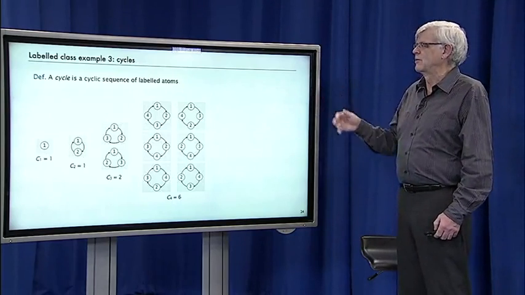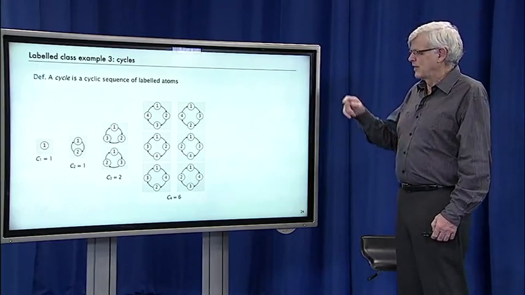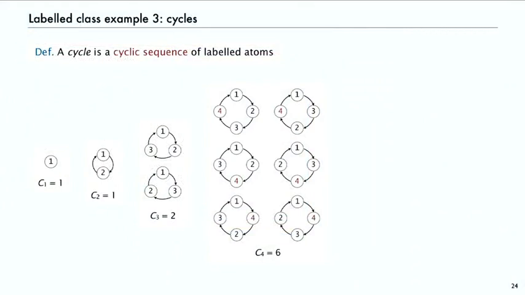Here's another one, a cycle. A cycle is a cyclic sequence of labeled atoms. So everything's connected in a circle, but now there's fewer of each type. In fact, if you study it for a minute, if you just fix on the largest or smallest element, then you can see that the others are a permutation. So actually the counting sequence is n minus 1 factorial. So what's the exponential generating function for cycles?